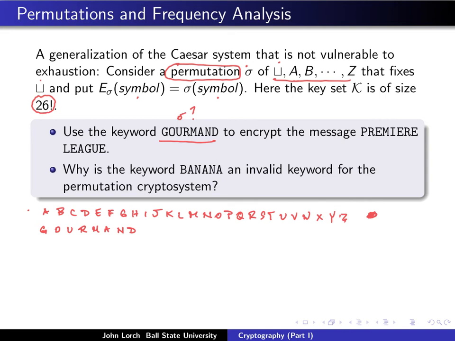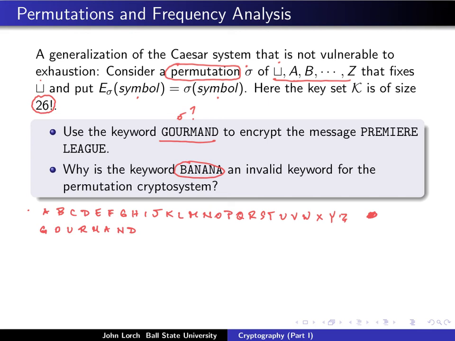So that's, for instance, why the keyword banana would be a bad keyword to use, because you would have multiple distinct symbols in the plain text that go to the same ciphertext symbol. That would be bad for decoding. Okay, so there's gourmand. Now, how do we fill out the rest of this?